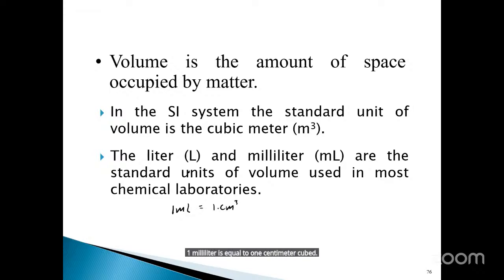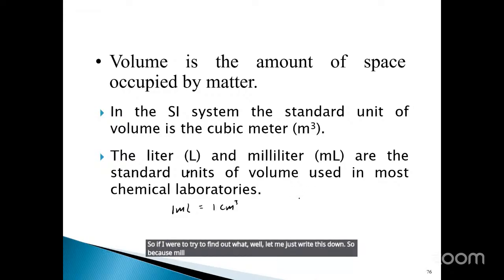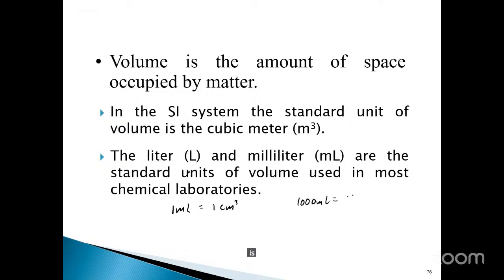All right. Now, the thing is that milli means 1,000th. So let me just write this down. Because milli means 1,000th, that means that 1,000 mils is equal to 1 liter. Now, if I were to multiply this by 1,000, that would be equal to 1,000 centimeters cubed, right? Now, here's the thing. 1 decimeter is equal to 10 centimeters, right?